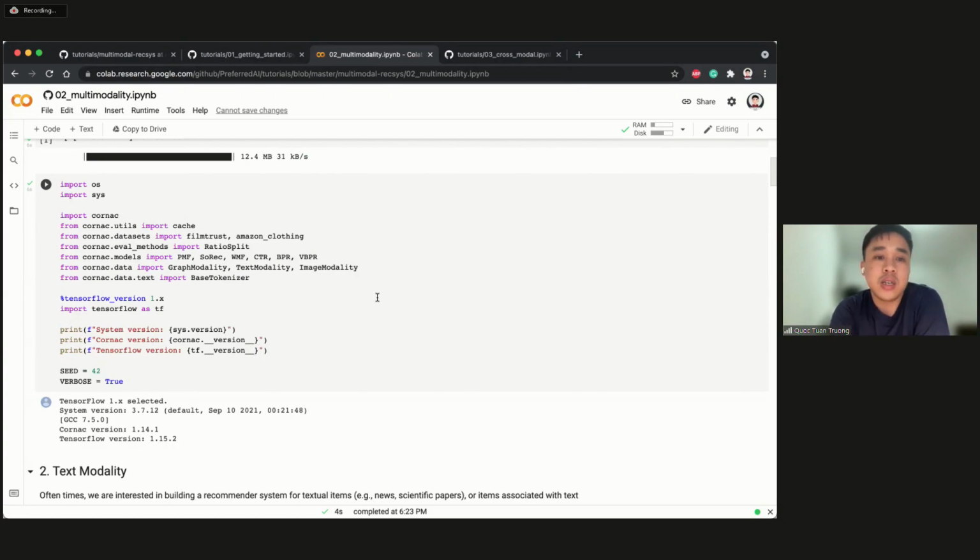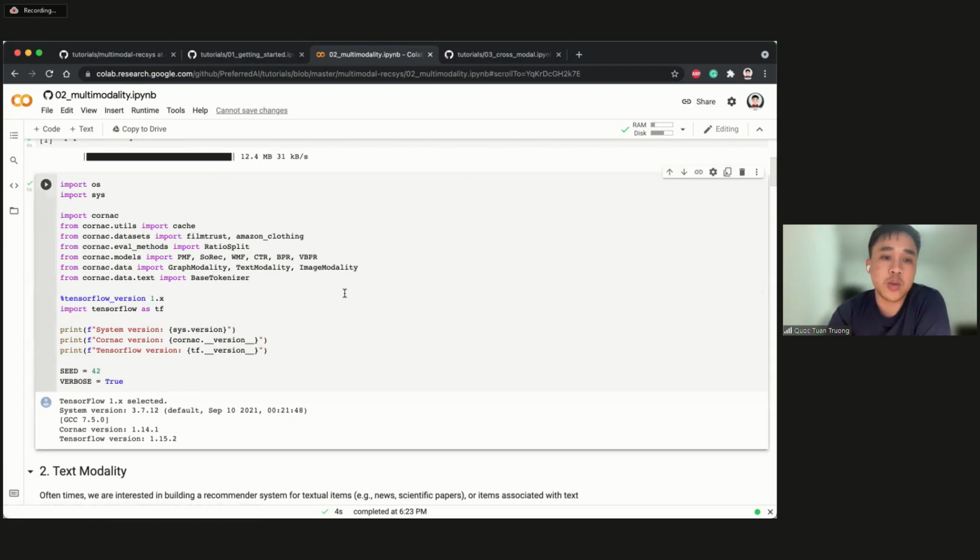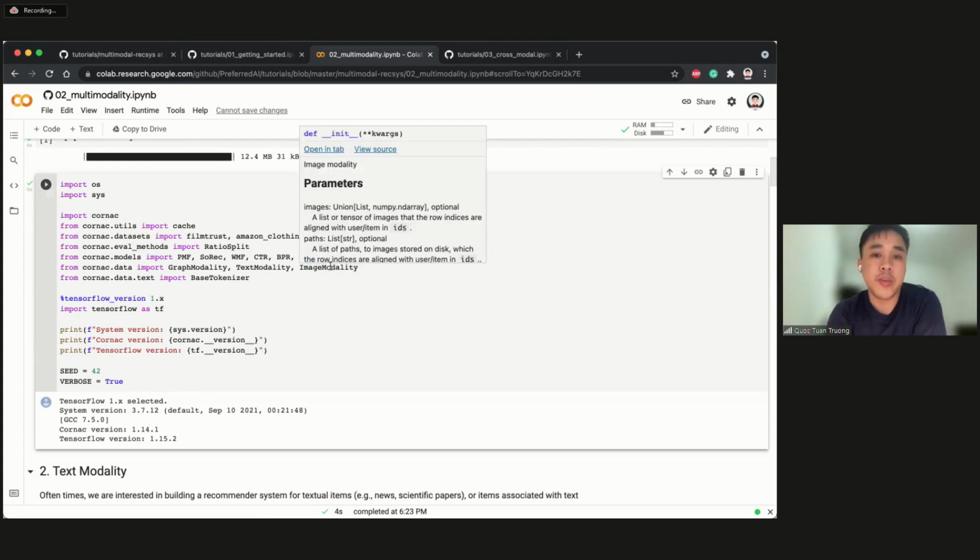As you can see here, in this particular tutorial, we have different models that use different libraries. The WMF model actually uses a TensorFlow implementation, and we have VBPR, whose implementation actually uses PyTorch. So we can have different models using different dependencies.